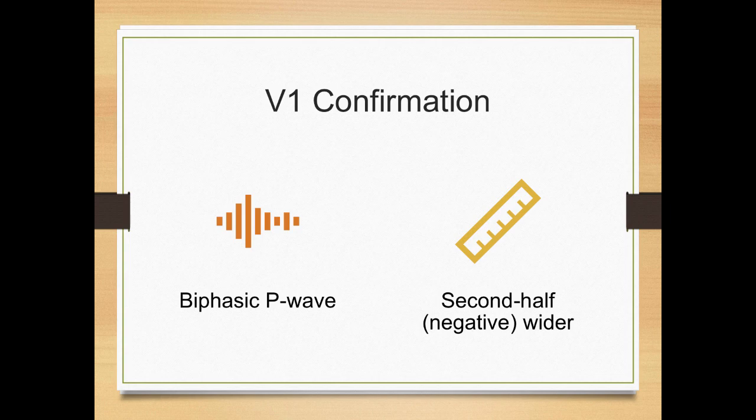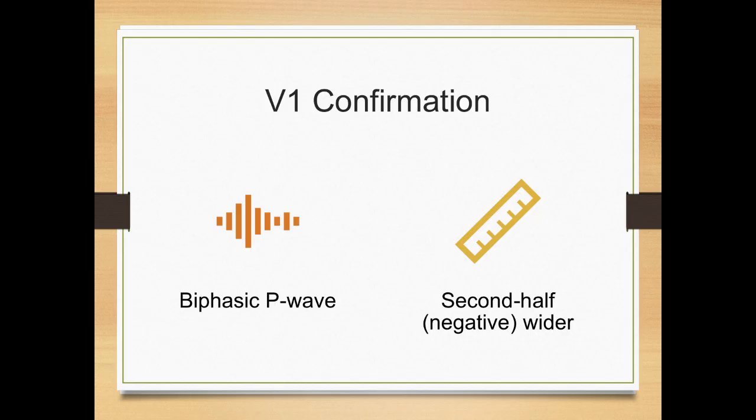Because remember, if we're talking about that biphasic P wave, that second half is going to be your left atrium depolarizing, because the right atrium depolarizes first. So even though it's the right half of the P wave, it represents the left atrium. That's a little weird, right?